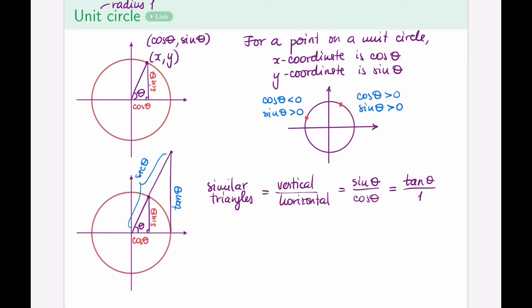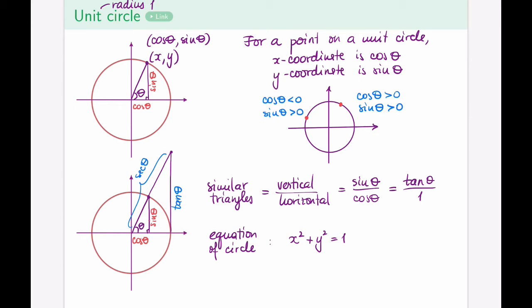Among many other things that the unit circle gives us is of course the equation of the circle itself. So let's recall from pre-calculus, what is the equation of a circle? Well, this circle is centered at 0 with radius 1. So the equation is going to be x squared plus y squared is equal to 1.